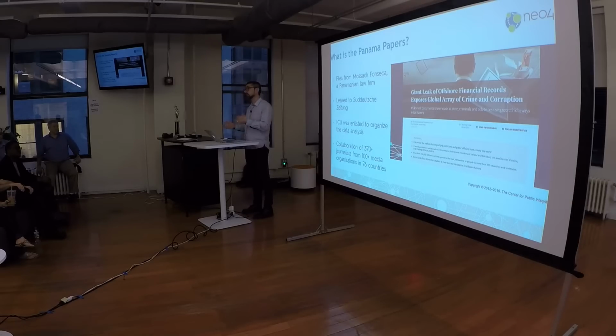They turned to an organization called the International Consortium of Investigative Journalists, the ICIJ. They enlisted the ICIJ to collaborate with other data journalists around the world, because this was a huge global data set, and go through all this data and try to reconstruct what it represents. So the ICIJ did all the organization, they did the bulk of the analysis, and they were using Neo4j. The group that collaborated on this was amazing.